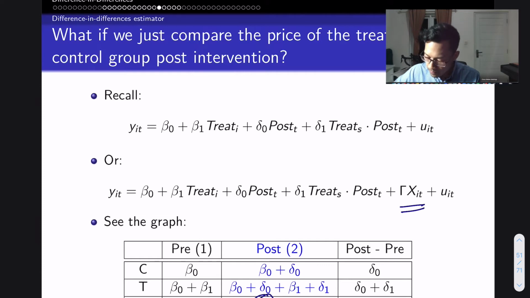Well, beta 1 is going to tell you the difference in the average outcome between the treatment and the comparison group even before the program was implemented. So this is where the selection issue comes in. This is where the purposive program placement issue comes in.